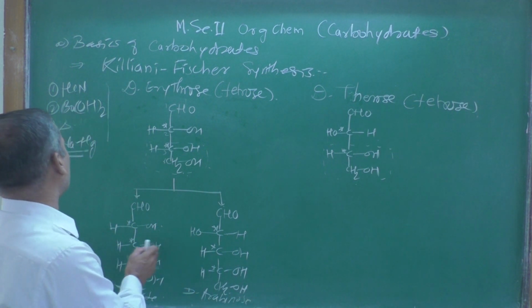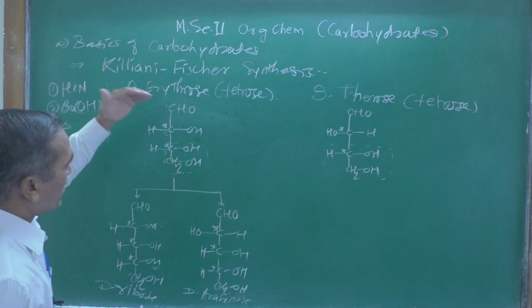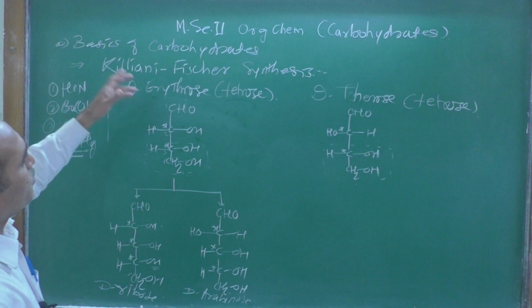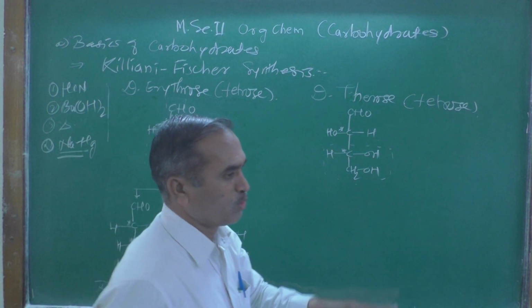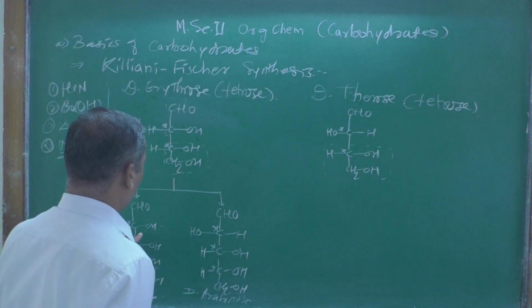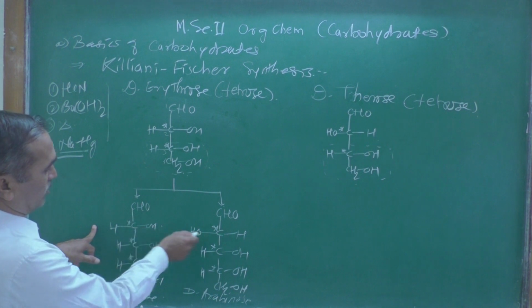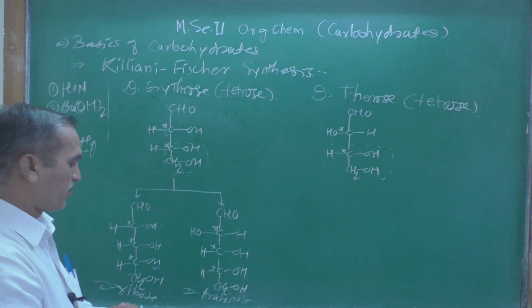Now look at what I did: when I add hydrogen cyanide to erythrose, it produces two diastereomeric isomers, and that's why there are two. Only at this position, carbon number 2, there is a change in configuration.